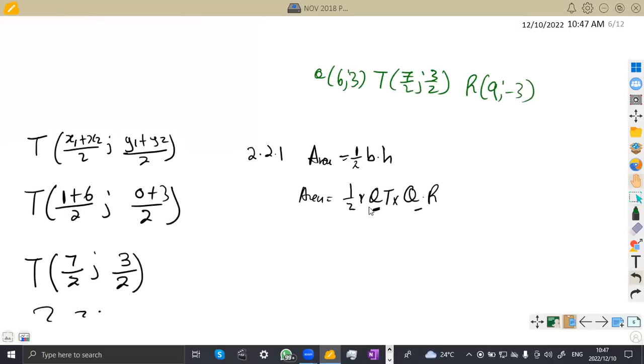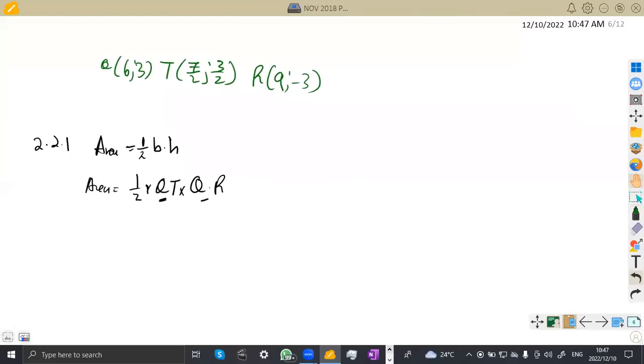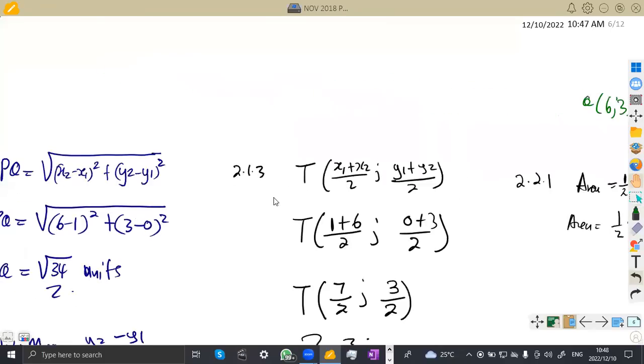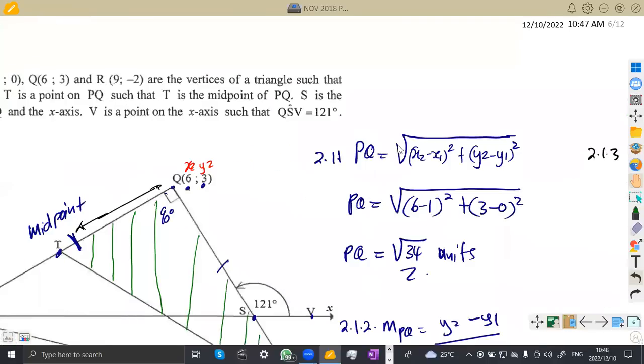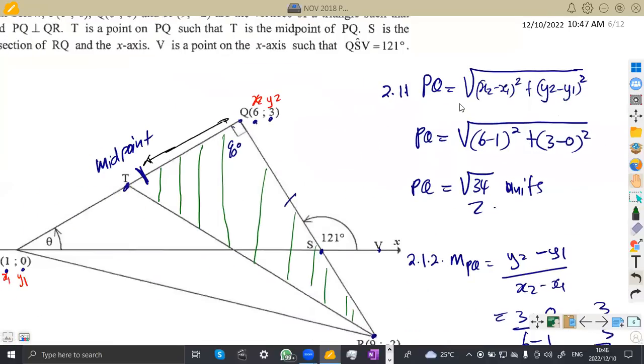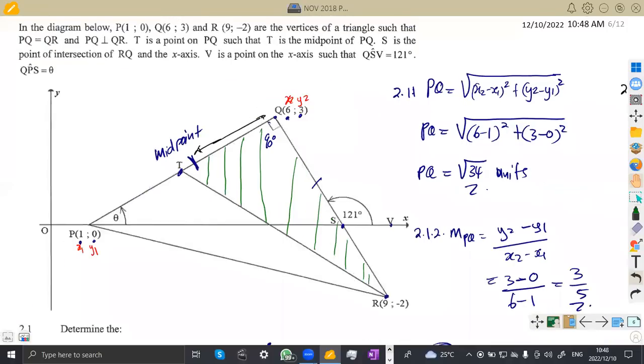For us to find the length of QT here, we are going to have the same formula. Remember the formula that we had. But there is something about QT. Let's just check the diagram, because here we are given that T is the midpoint. So we can calculate the length, but we already have this part that T here is the midpoint.